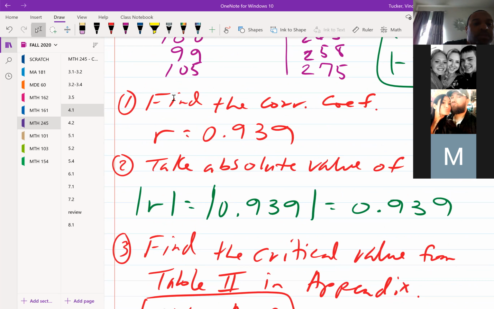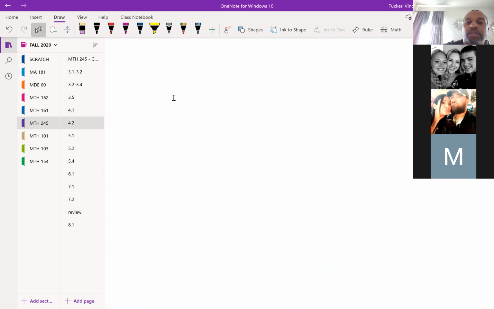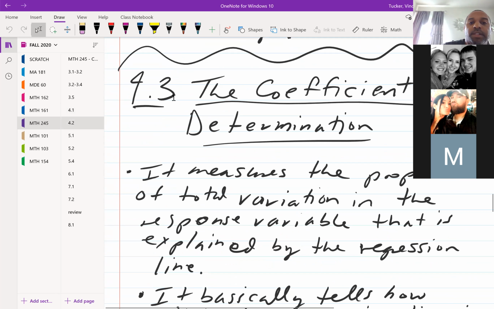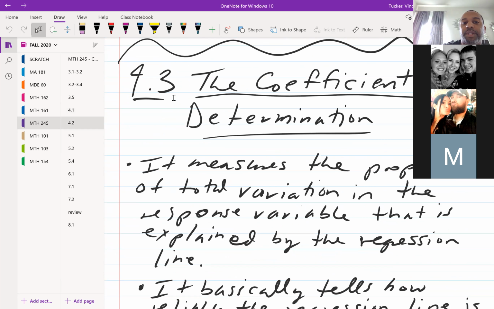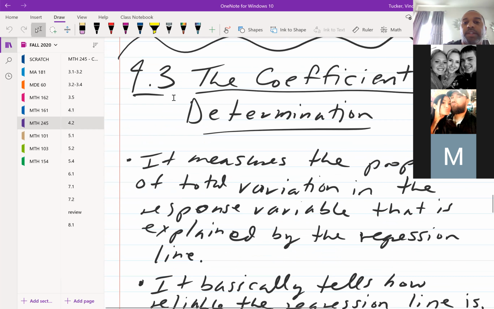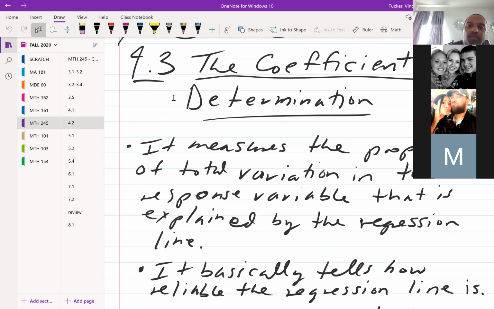Let's go to 4.2. And I did see that they mentioned the coefficient of determination. I think that was in 8.3. So the coefficient of determination measures the proportion of total variation in the response variable that is explained by the regression line.